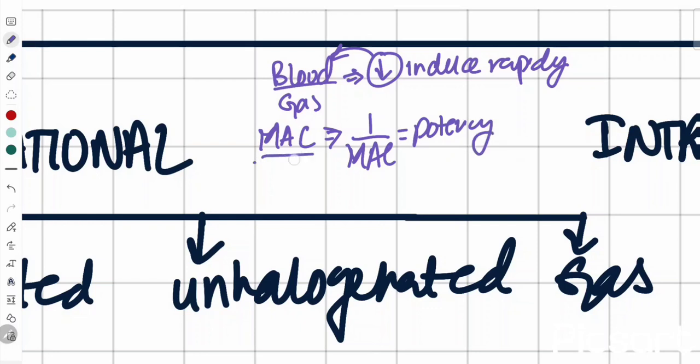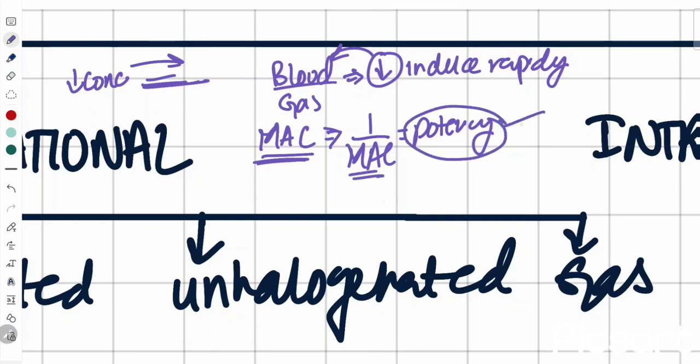The lower the minimum alveolar concentration of an anesthetic agent is, the lower the concentration required to move into the blood. That is how potent a drug is. So the lower the MAC, the more potent the drug is.